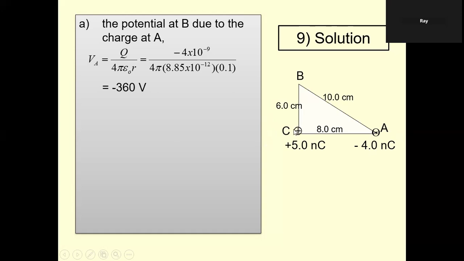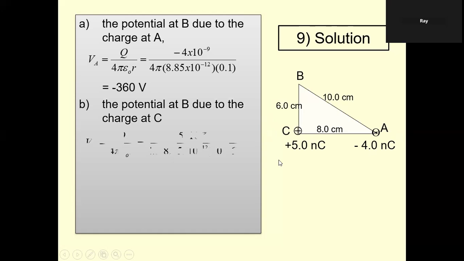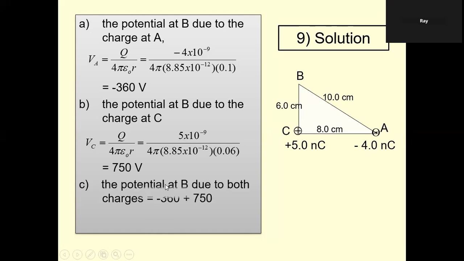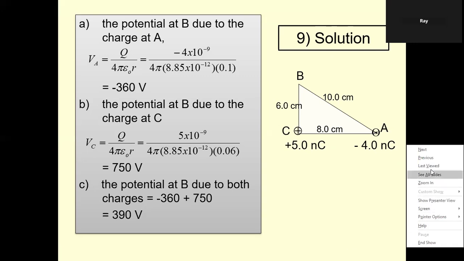Due to C, it's positive charge, so I put positive value, calculate out, 750. The resultant potential, you just add these two up together, it's positive. Anything not clear? Okay, we are happy with that. Let's carry on.